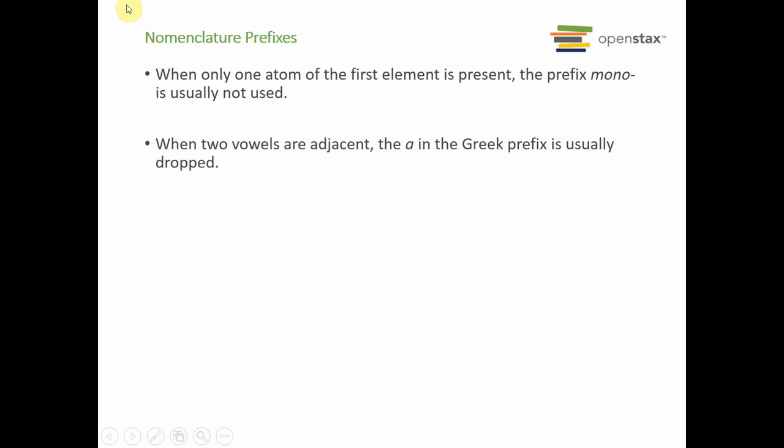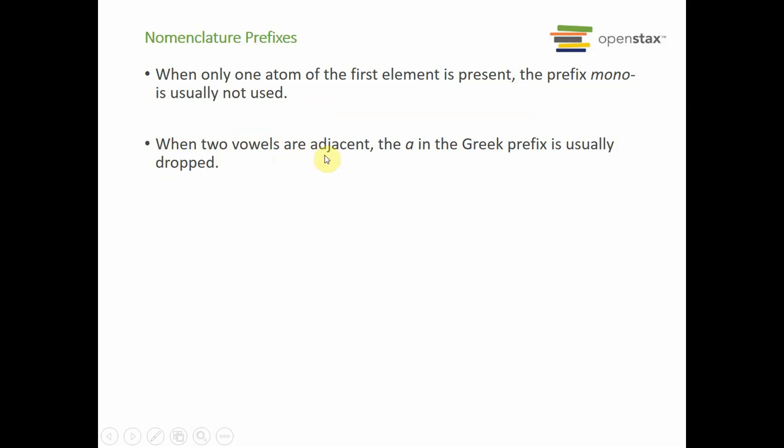Okay, when only one atom of the first element is present, the prefix mono is usually not used. So, carbon dioxide, for example, we don't call it monocarbon dioxide. We just call it carbon dioxide. Now, if there were two carbons present, we might say something.